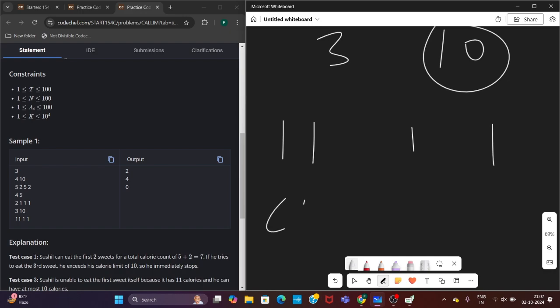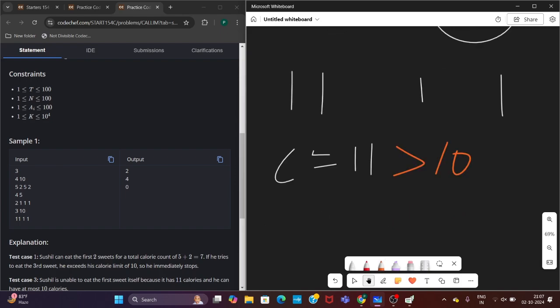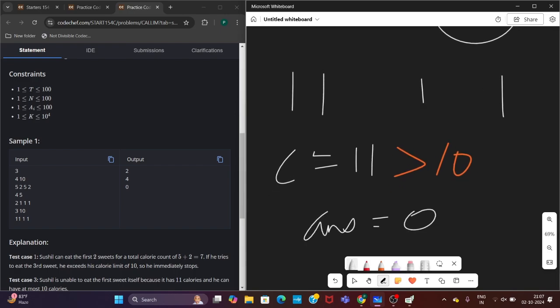We check whether 11 is less than or equal to 10, but 11 is greater than 10. So our answer will be 0 in this case.